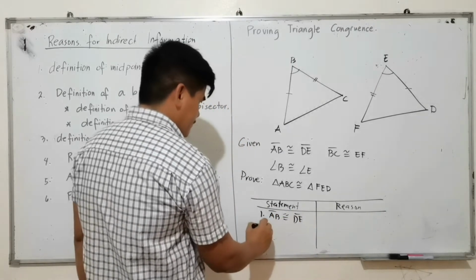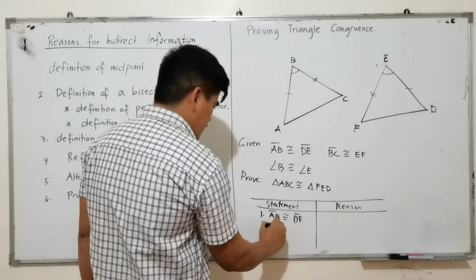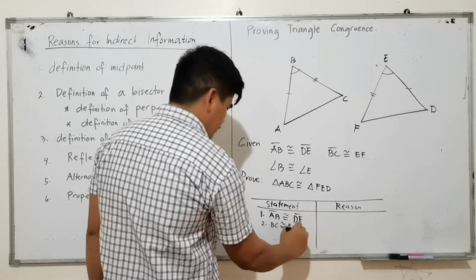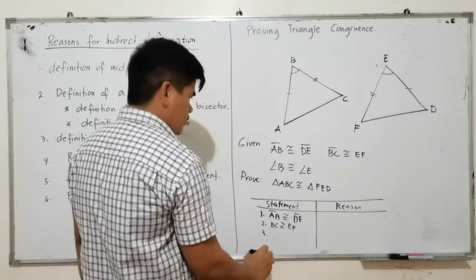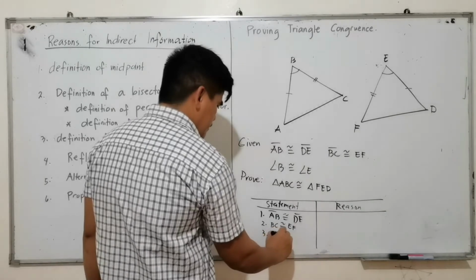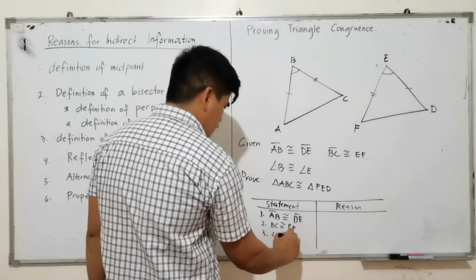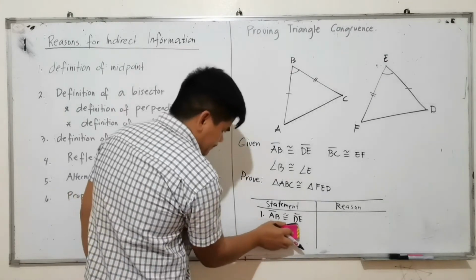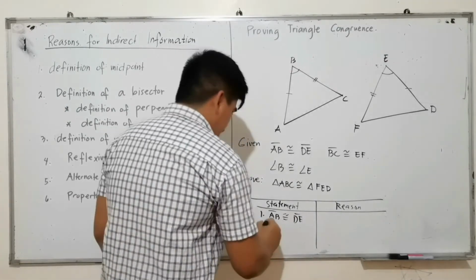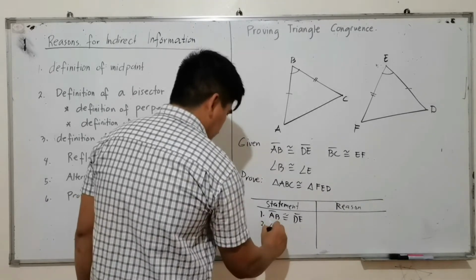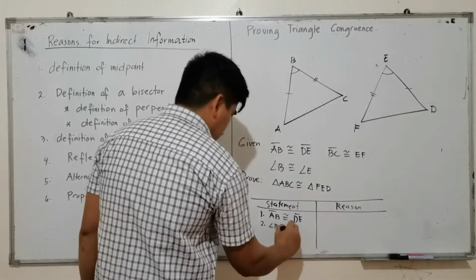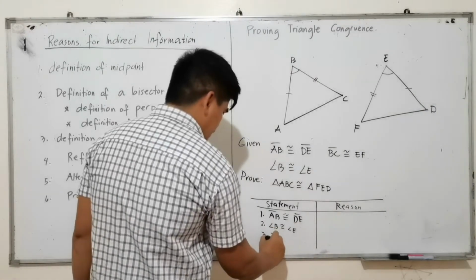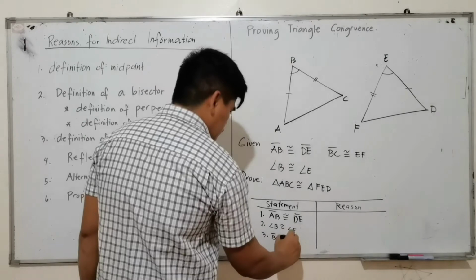Next, BC is congruent to EF. Number 3, angle B is congruent to angle E. By the way, we are going to write the angle first: angle B is congruent to angle E. Then number 3, BC is congruent to EF.